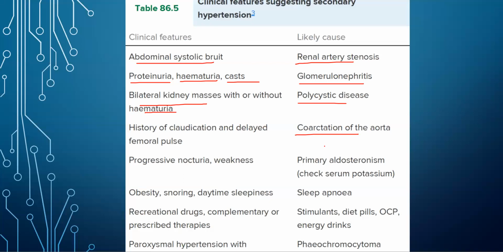Coarctation of aorta. So this is your aorta, right? And this is the left subclavian artery. Just distal to the subclavian artery, the aorta can get very narrowed.